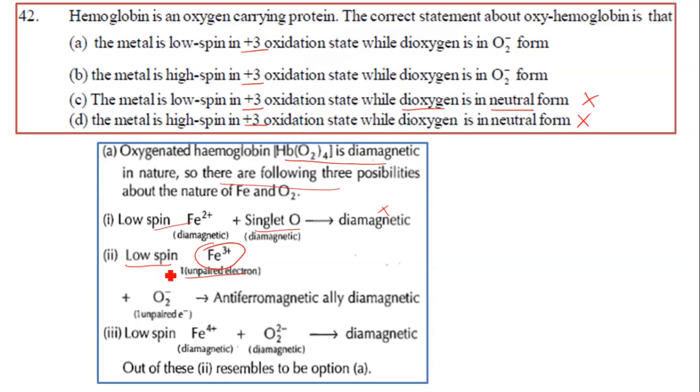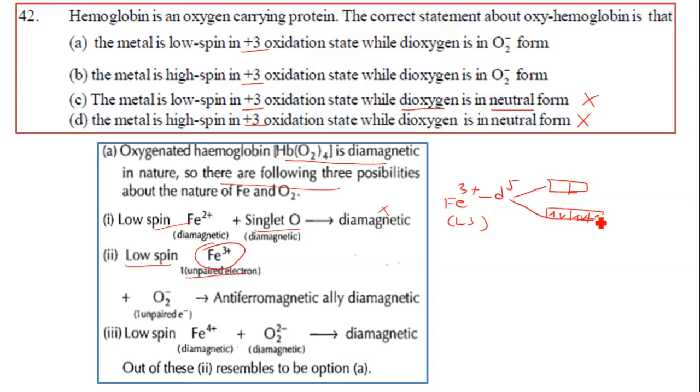Here Fe3+ is d5, in the low spin state: 1, 2, 3, 4, 5.